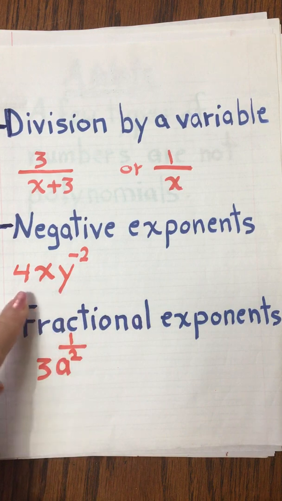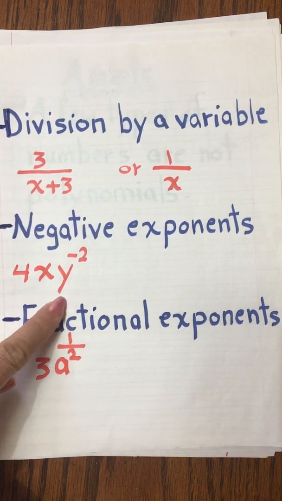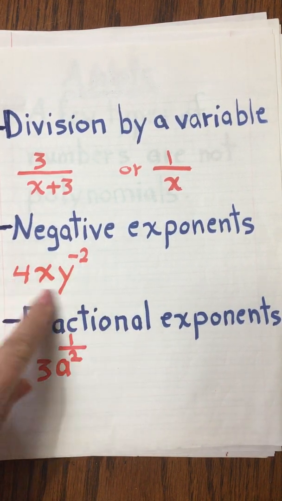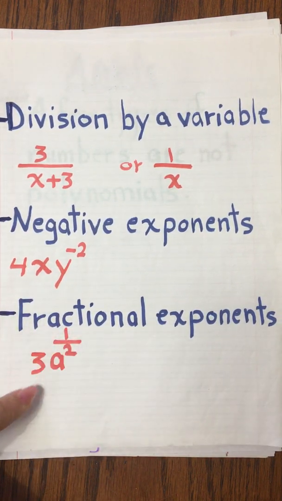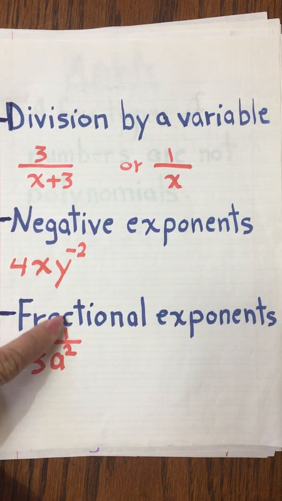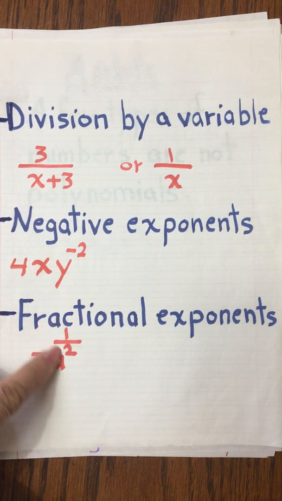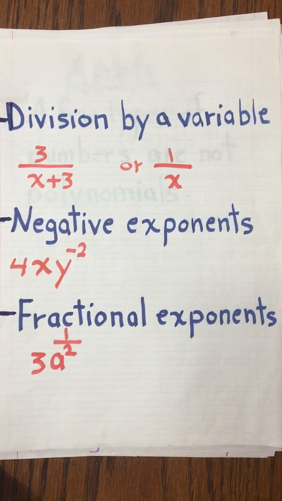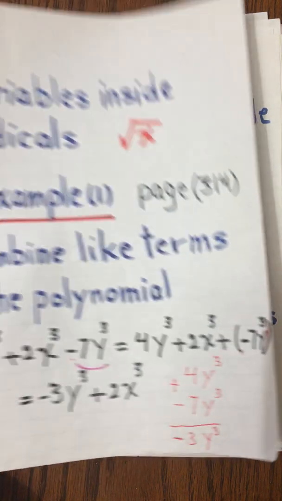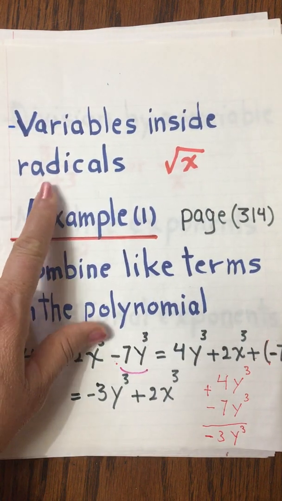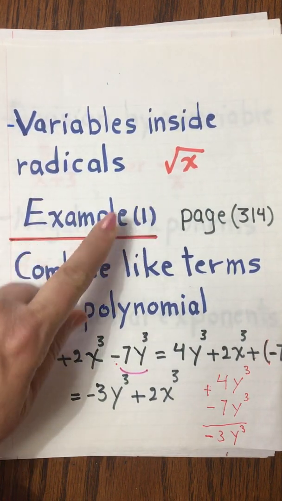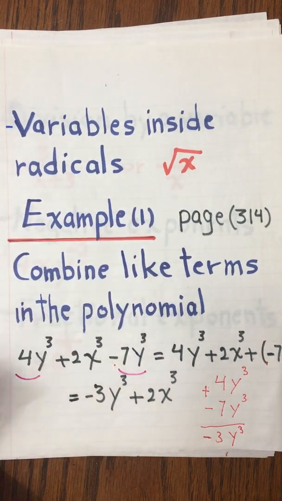Negative exponents, like 4xy to the power negative 2, this is not a polynomial. Fractional exponents, so 3a to the power 1/2, the power right here is a fraction, so this is not a polynomial. Variables inside radicals, like the square root of x, this is not a polynomial.